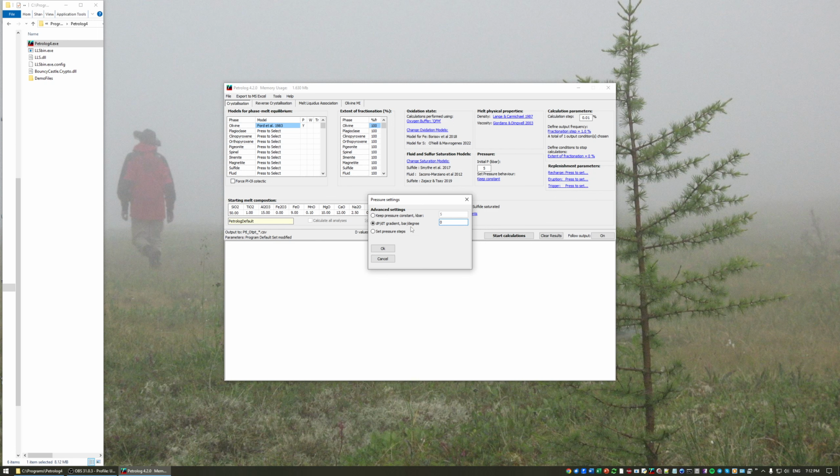The third option is effectively controlling pressure as a function of the extent of crystallization F. I've already filled in here the steps which are available in the current version of Petrolog.